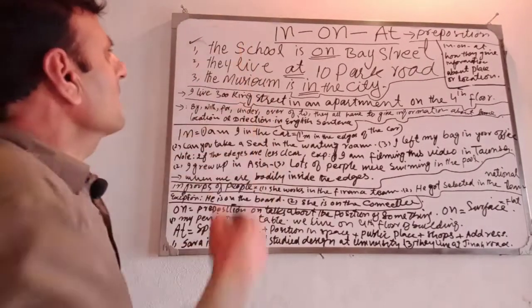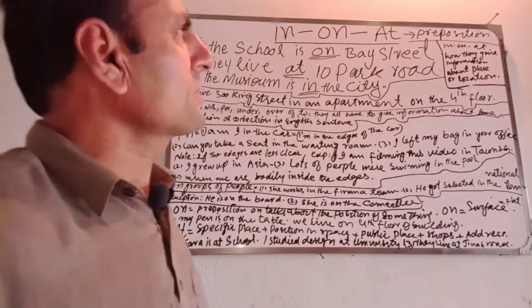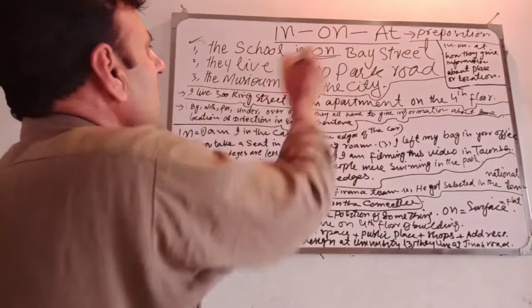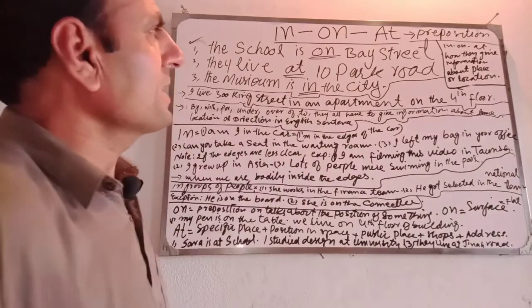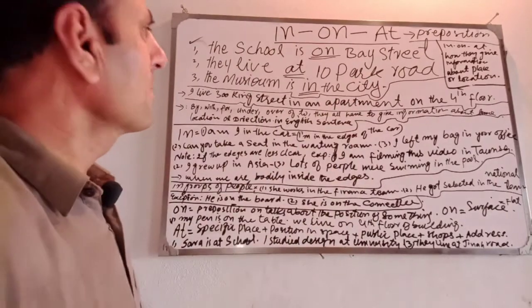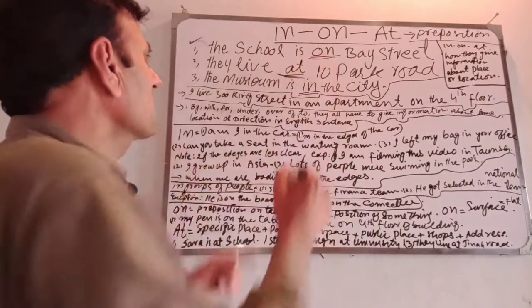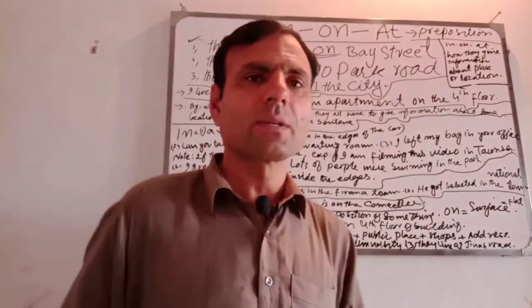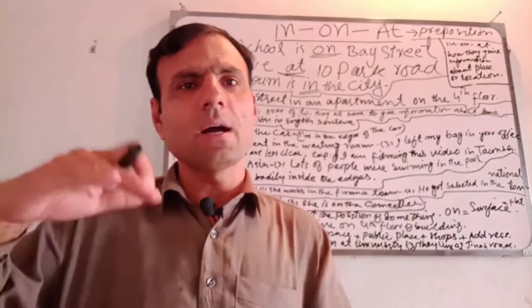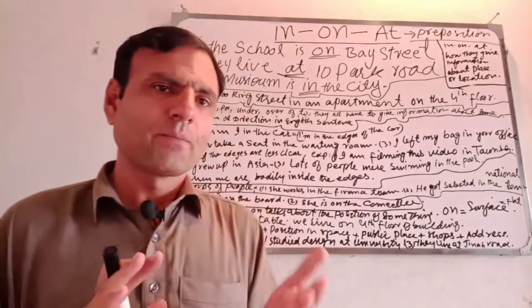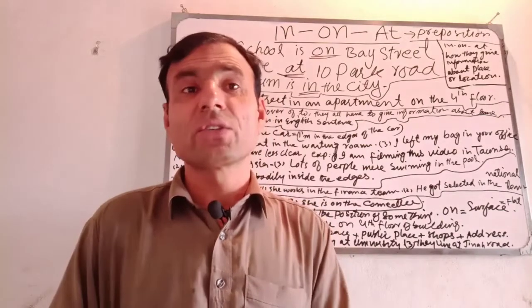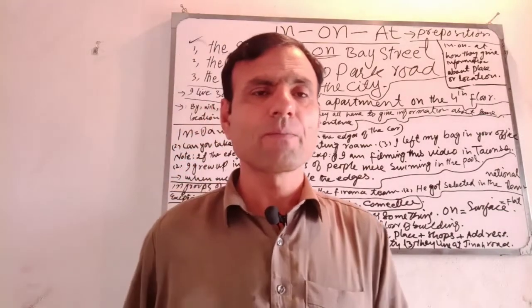First example: the school is on Bay Street. They live at 10 Park Road. The museum is in the city. Okay, in, on, at. I'll give you a small idea about these three prepositions here.